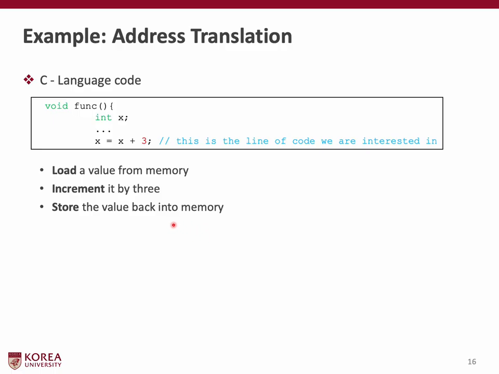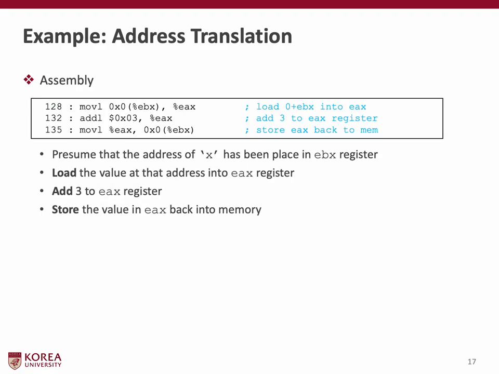Now let's see how this simple C statement looks in assembly code. Okay, this is what the compiler generates. That is the corresponding assembly code for that one line. Here we can see 3 instructions, and let's assume that the memory address of variable x has already been placed in the EBX register. The first instruction, movl, loads the value of the variable x into the EAX register.